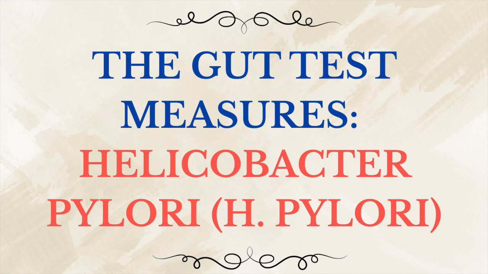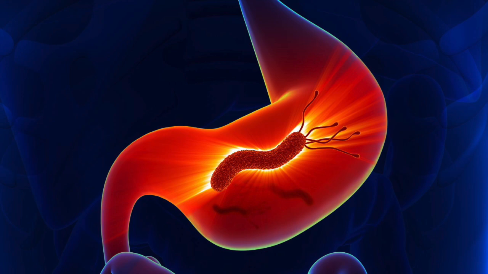Next, we move on to another bug that stands out in the damage that it can cause, and that is Helicobacter pylori or H. pylori. It's a spiral-shaped bacterium that colonizes the stomach lining. Beyond ulcers and reflux, H. pylori can interfere with stomach acid production and lead to downstream maldigestion and microbiome imbalances.